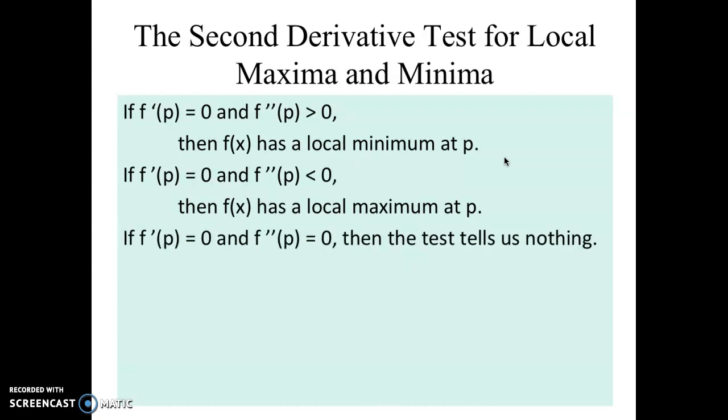If we have a critical point, x equals p, where the derivative is equal to 0, which means that p is a critical point of the curve, and the second derivative is also 0, then this doesn't tell us anything about extrema, but it will possibly tell us where the curve will be changing concavity, in other words, possible points of inflection, but it will not tell us anything about whether it's an extreme.